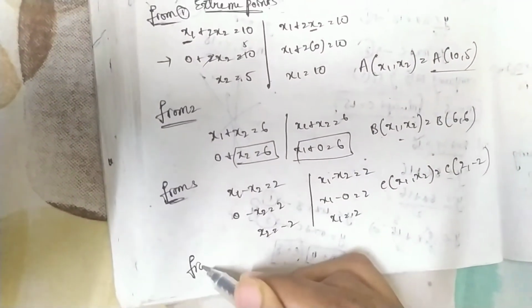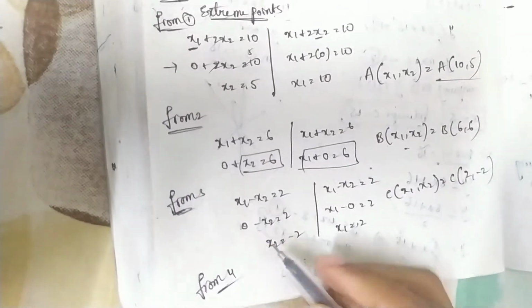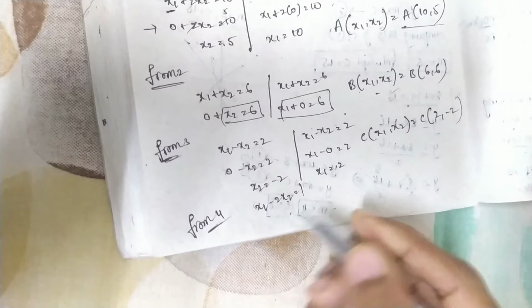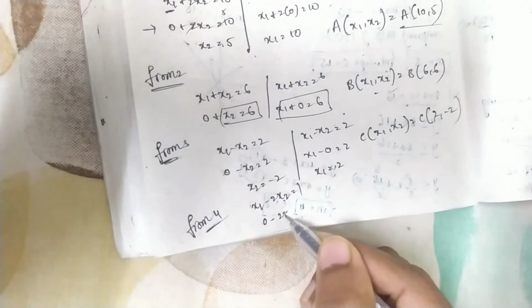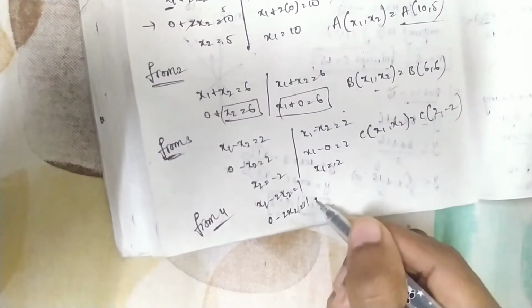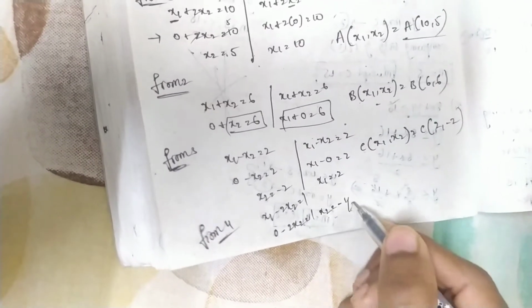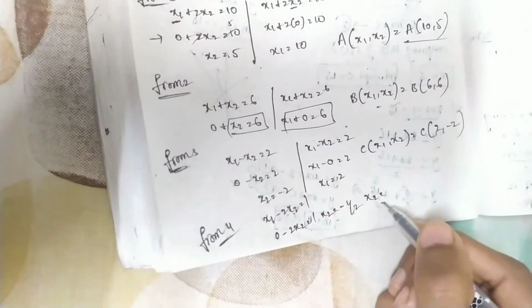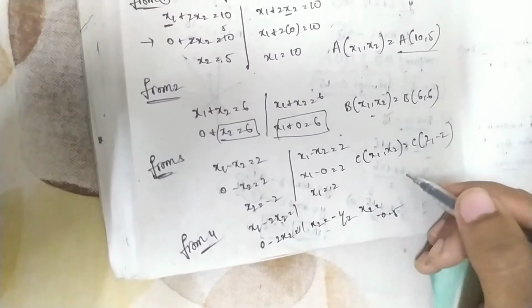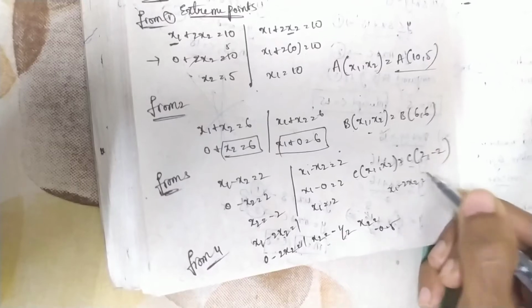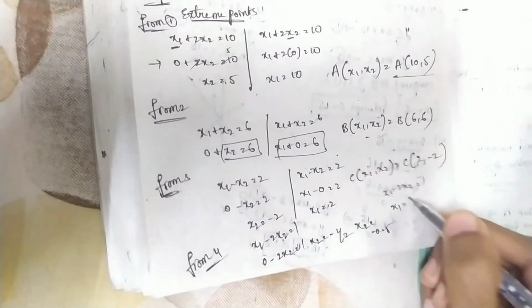From equation 4, that is x1 minus 2x2 equals 1. 0 minus 2x2 equals 1, so x2 equals minus 1 by 2, that is x2 equals minus 0.5. And from x1 minus 2x2 equals 1, x1 equals 1.